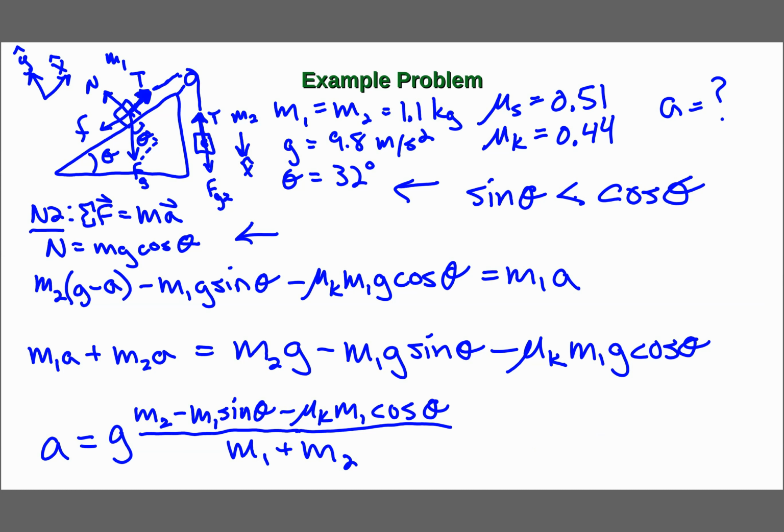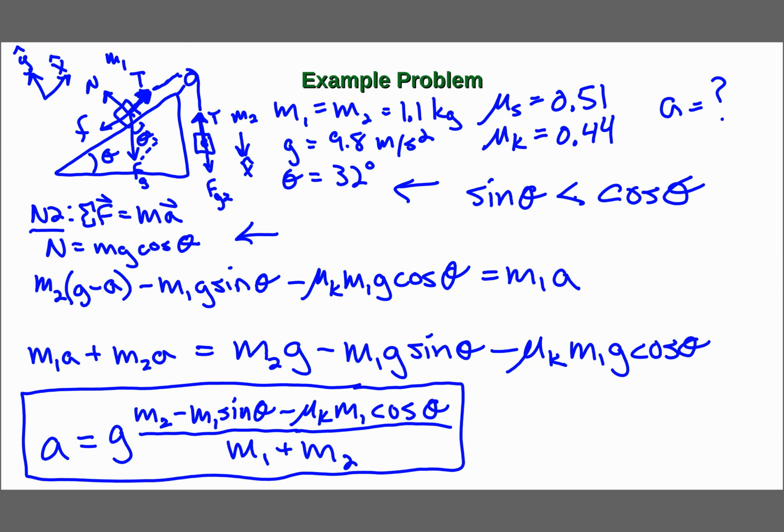So this tells us that if they do move, the blocks will move this way. Block 1 will go up the ramp. Block 2 will drop down. They'll move around in this way, the positive direction in my two coordinate systems. And this will be the acceleration if they do move.